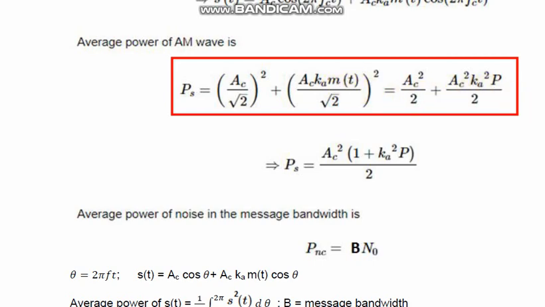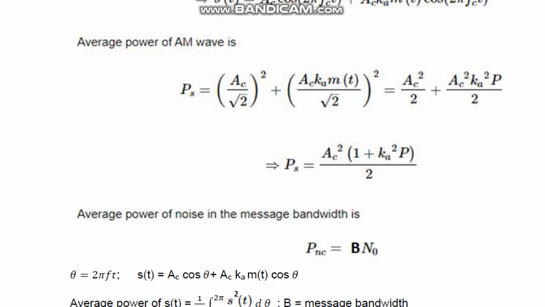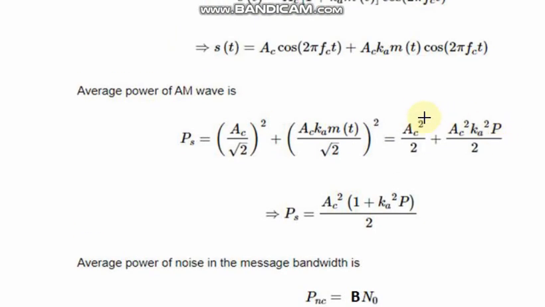Now you will be able to see that Ac square by 2 comes from the first term, and the second term will give you the average power Ac square Ka square P by 2. So this is the calculation of signal power at the input stage of the receiver.